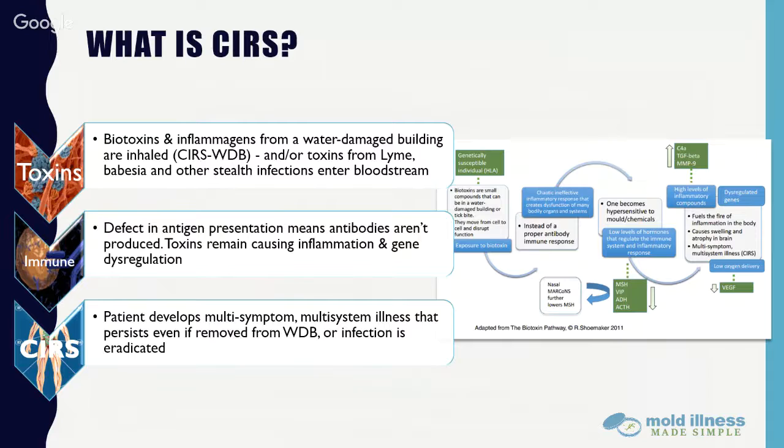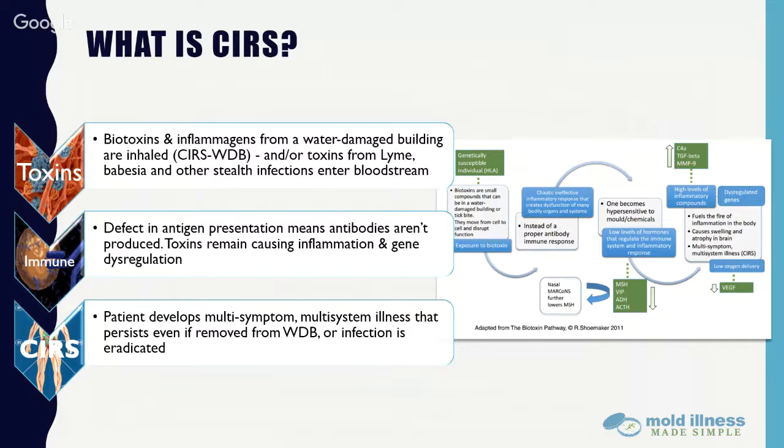So basically, CIRS is a term that was coined by Dr. Shoemaker, and it stands for chronic inflammatory response syndrome. And this inflammatory response involves primarily the innate immune system. And what we know is that we see this type of an immune response both with mold illness as well as with Lyme.